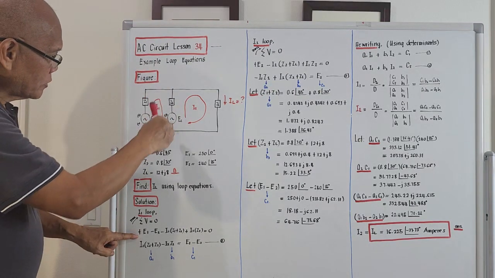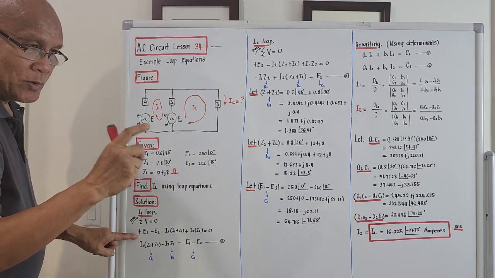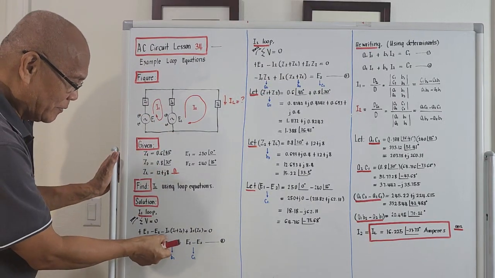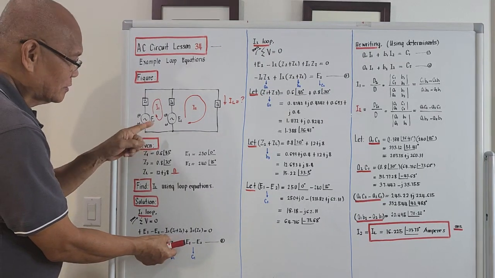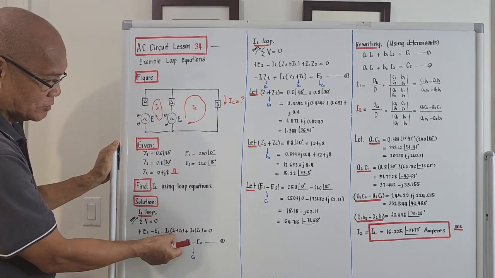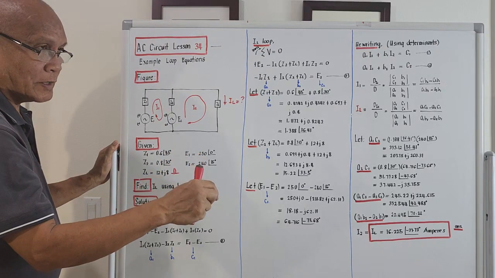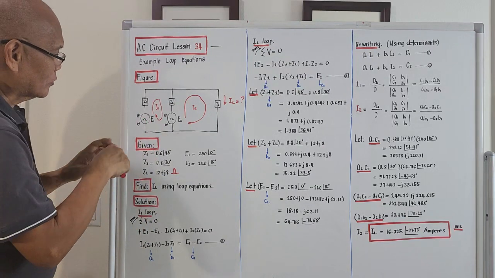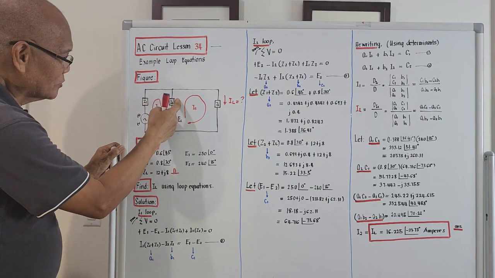The current circulating on the I1 loop is I1, and like I said, the current that goes with the rotation should be negative, so this is minus I1. The impedances that I1 passes are Z1 and Z2, so this is multiplied by Z1 plus Z2. The product of current times impedance is voltage. We are now through with E1 and with I1, considering Z1 and Z2.